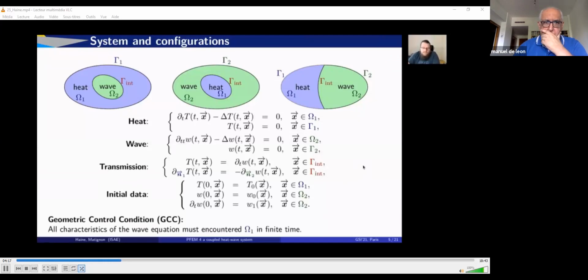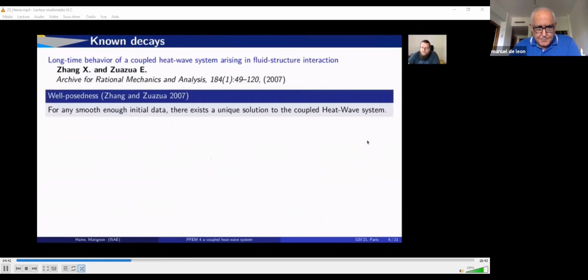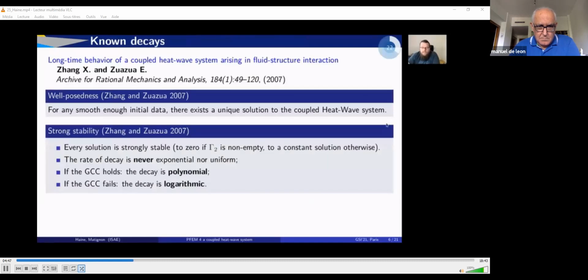We also need a geometric control condition to analyze which type of decay will be satisfied by the Hamiltonian. So it only says that every characteristic lying in the wave domain has to meet the heat domain in finite time. So in their paper, Zhang and Zuazua prove that this system is well posed. And what is our main concern here is how the solution behaves at infinity.